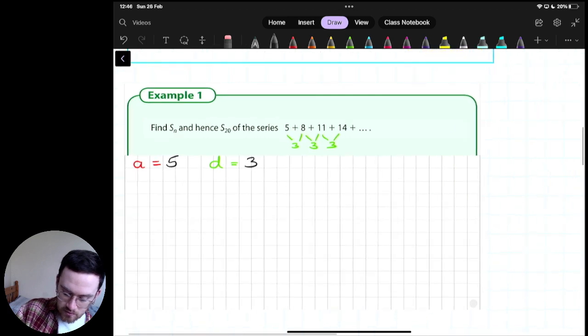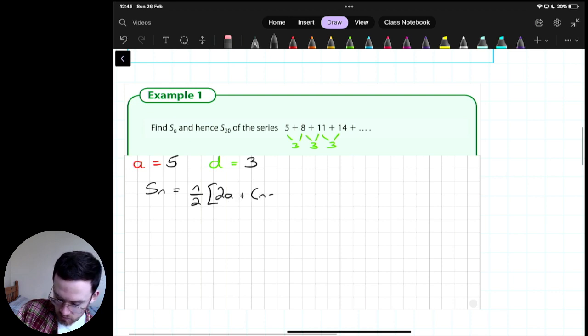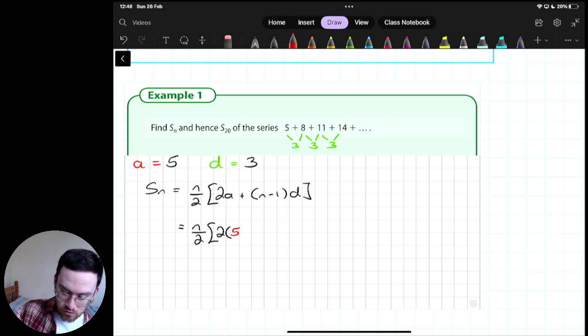Then taking my formula, Sn is n over 2 by 2a plus n minus 1 d. Filling in here, I'm leaving n because n should be in my formula. We're looking for the formula for Sn, so n should be a value in my formula.